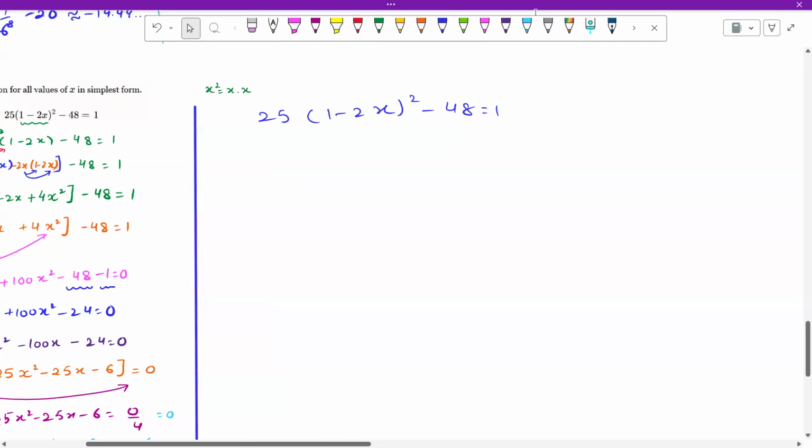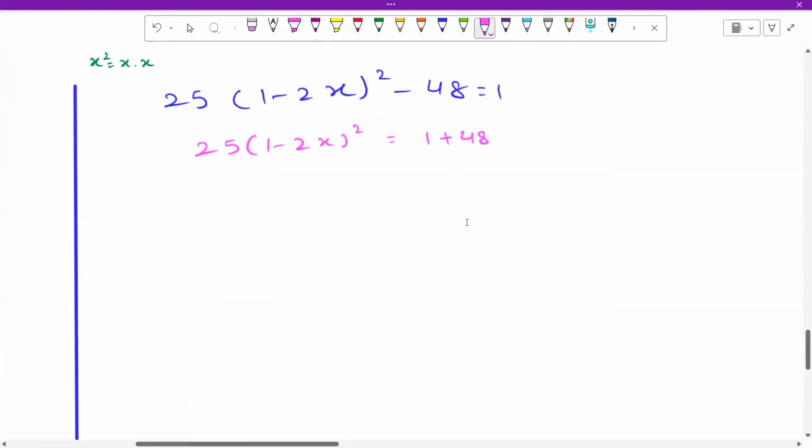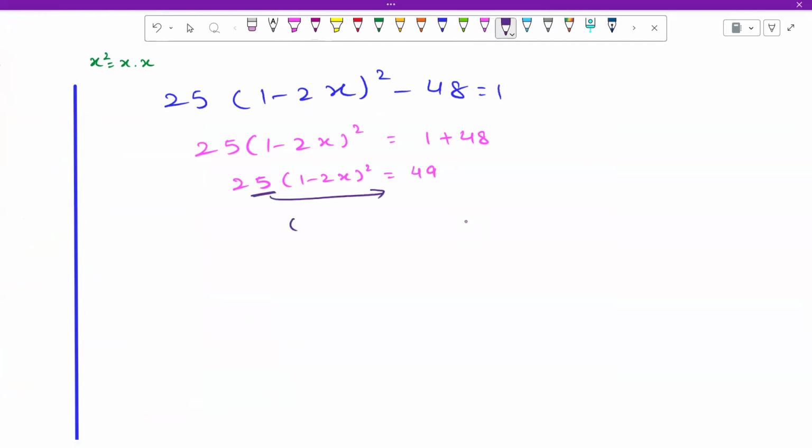Now there is another interesting thing that is happening here, which is 25 times (1 minus 2x) squared. See, 48 if we are taking to the other side becomes 1 plus 48. So 25 times (1 minus 2x) squared is equivalent to 49. 25 is in multiplication, goes to the other side, comes in division.